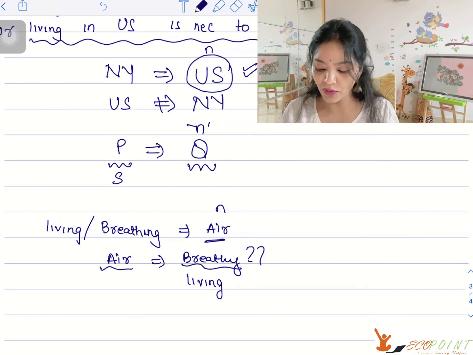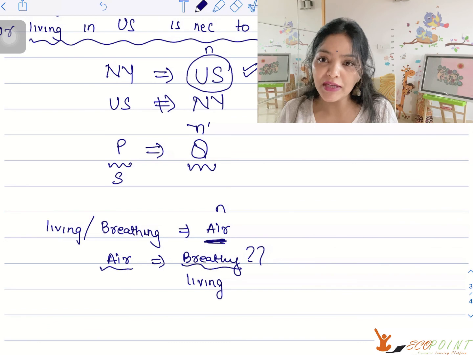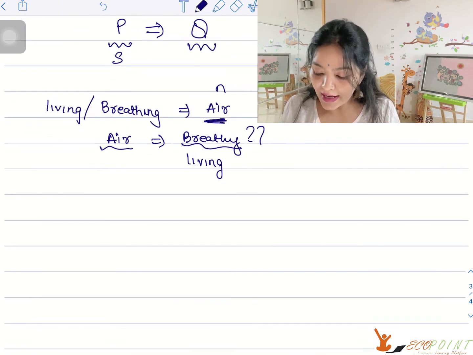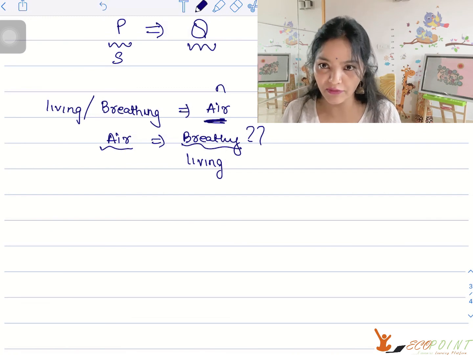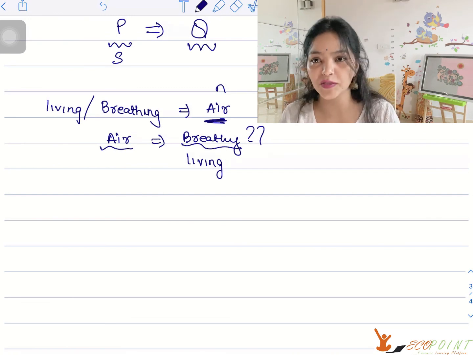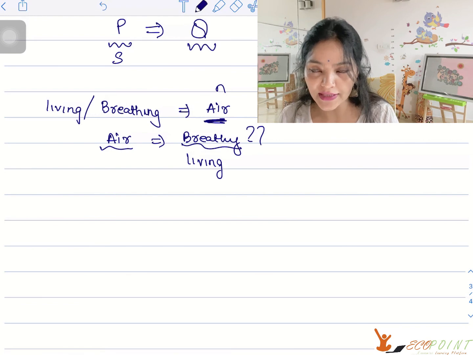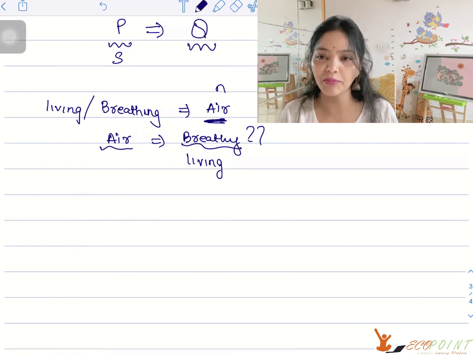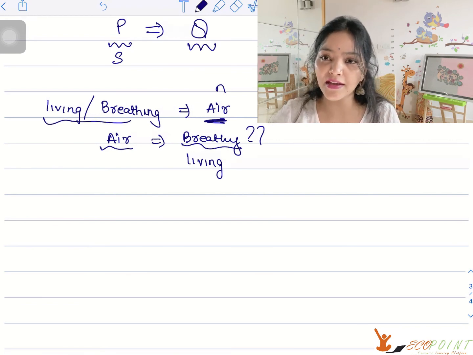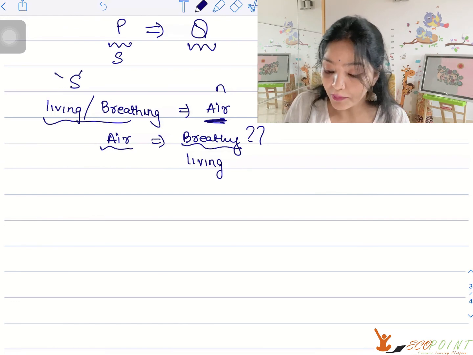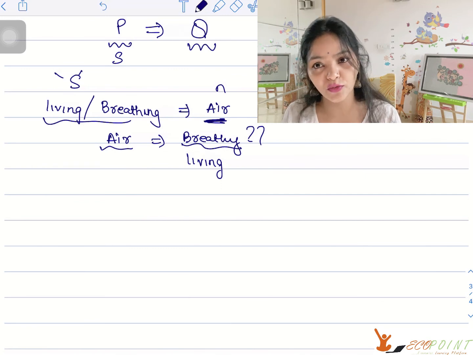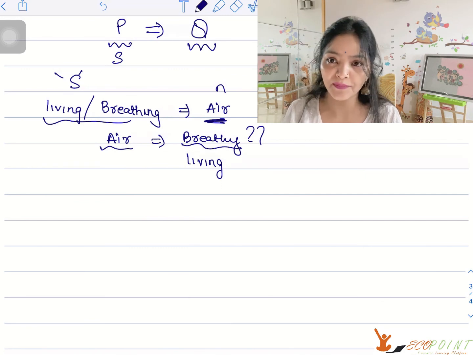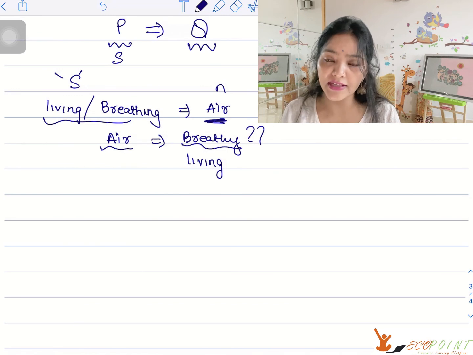So if I take up the implication that I am living, I'm a living being, that implies there must be air to breathe, right? So if I am living, automatically that tells you that there is air for me to breathe. That means living is a sufficient condition for me to know that there is air to breathe, while air is necessary for me to live.